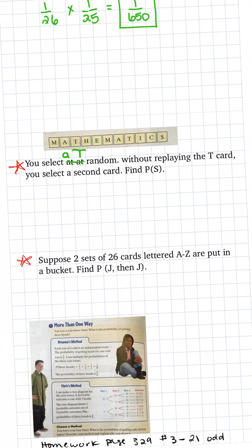Without replacing the T card, you select a second. Find the probability of S. Whenever you see it with just a P and then something in parentheses, the P stands for probability. Okay? And then suppose 2 sets of 26 cards lettered A to Z are put in a bucket. Find P, the probability of J, then J again. Okay, press pause, see what you come up with. Come back to me when you're done.